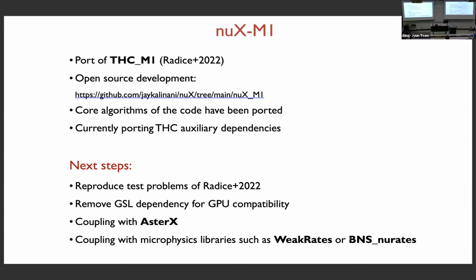Thanks. I wasn't going to talk about Tornado, but I wanted to shamelessly and selfishly pitch WeakLib as yet another microphysics library that does EOS and all the rates. We're currently adding muons, so if you want to have muons in the future, that could be interesting for you.